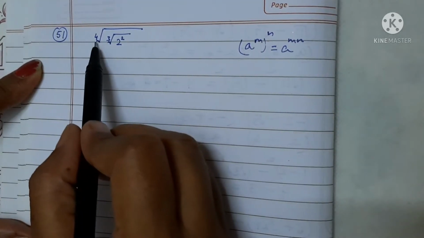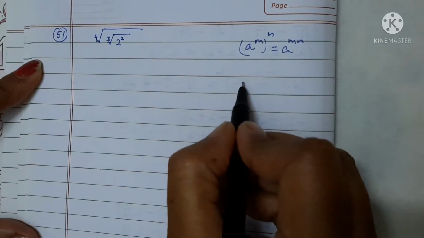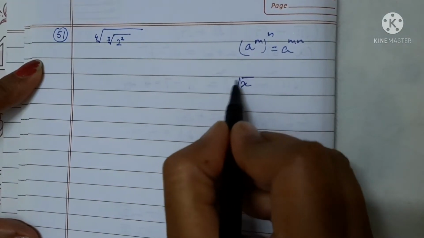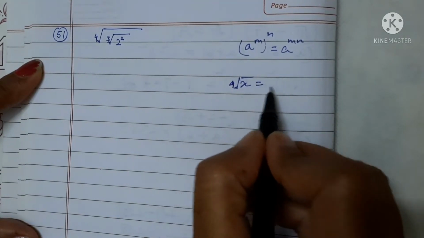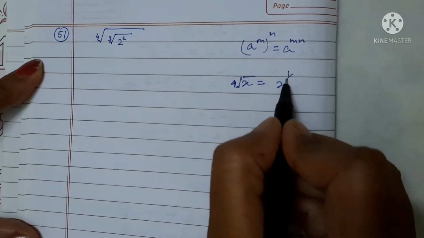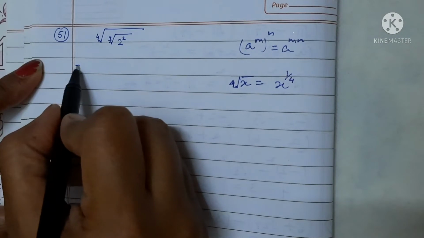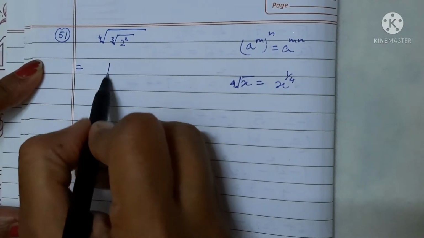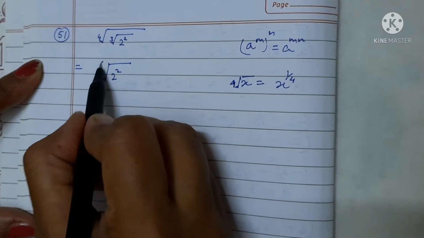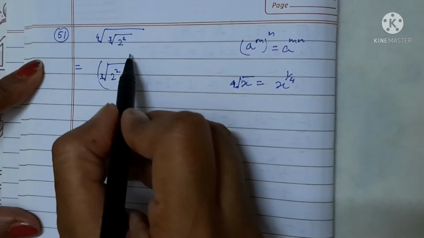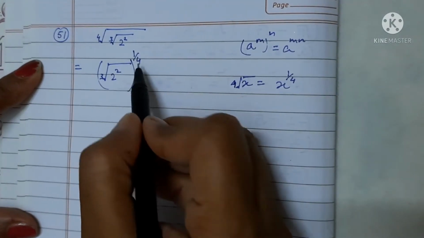Now here, fourth root. Any number having fourth root, suppose x, you can write it as x to the power of 1 upon 4. Now this number, cube root of 2 square to the power of fourth root, you can write in exponent form as 1 upon 4.